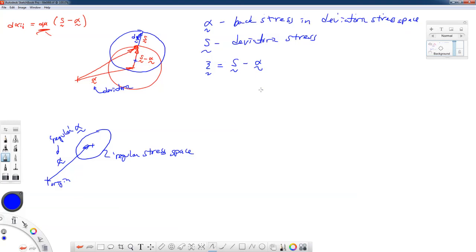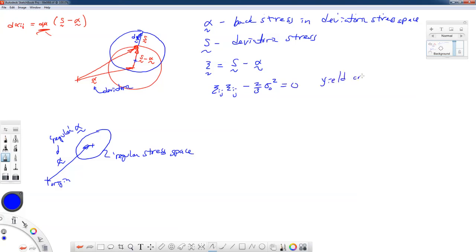Okay, so if my yield surface is initially positioned at the origin of stress space, then I have 1/2 Sij Sij equal to 1/3 sigma naught squared. But since that yield surface can shift away from the origin of stress space, my yield criterion is going to be expressed this way: xi ij xi ij minus 2/3 sigma naught squared equal to 0.